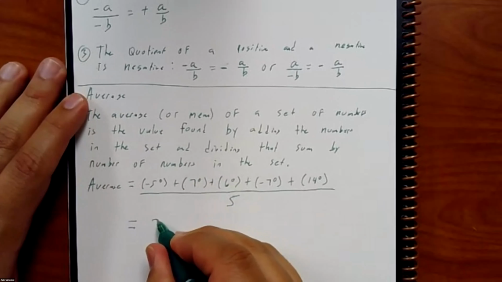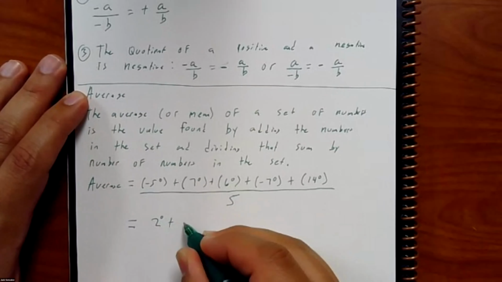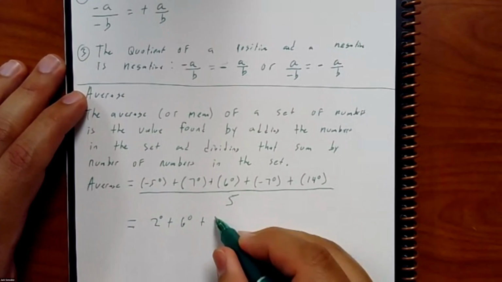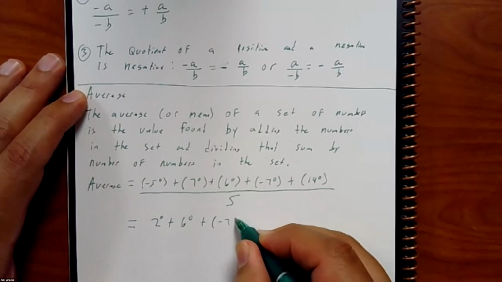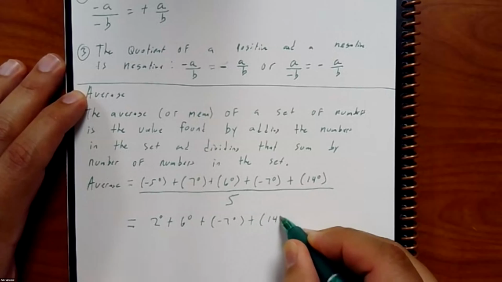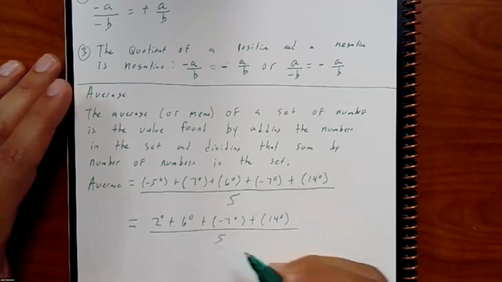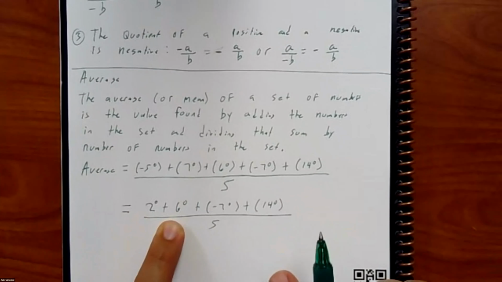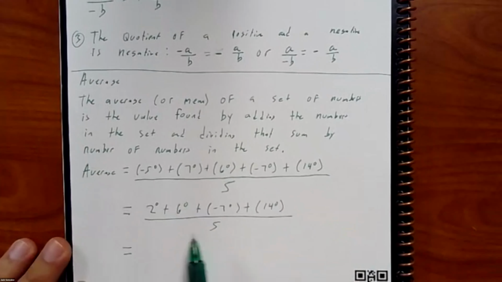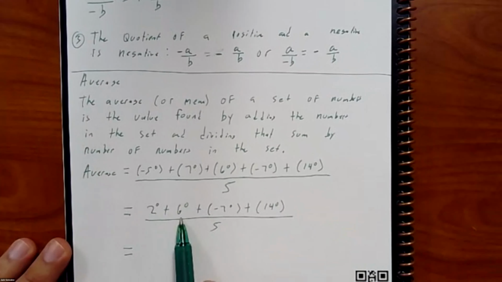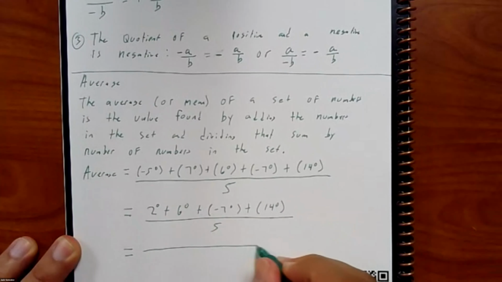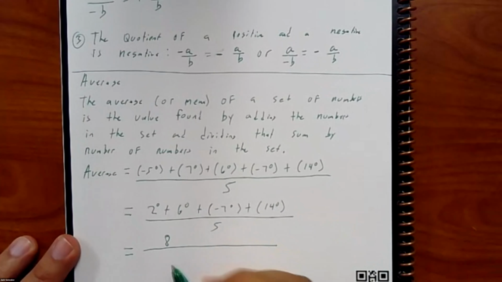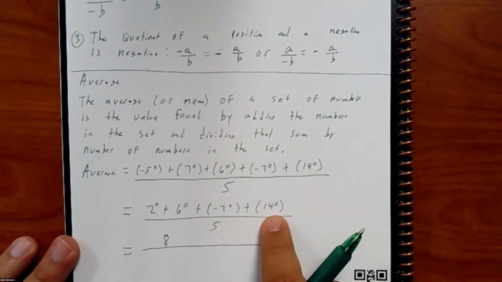Piece by piece, just in case you're still uncomfortable. 10 + 14? Positive 8.